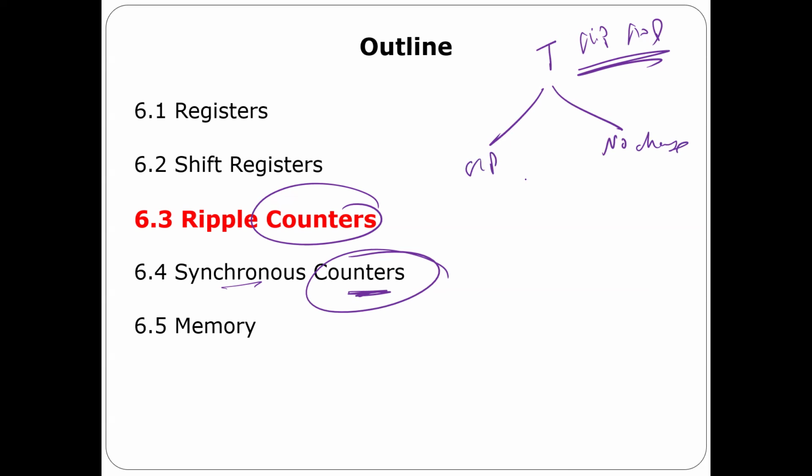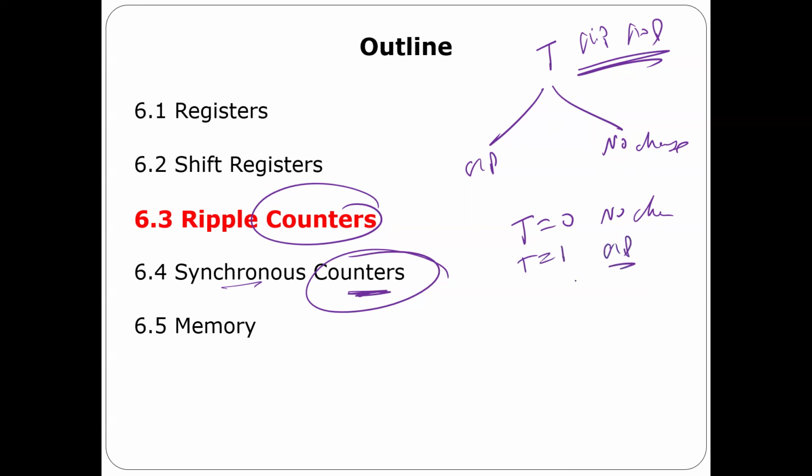And that's actually what a T flip-flop is doing. If T is equal to 0, no change to the value. When we count, every flip-flop has to do one of two things, either no change or flip. That's why we like to use T flip-flop, because it helps us do that.